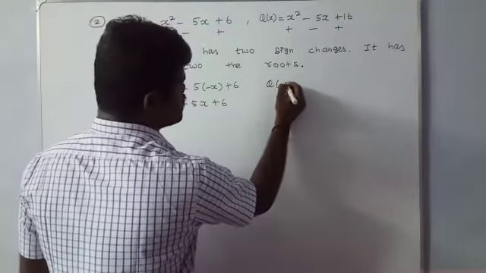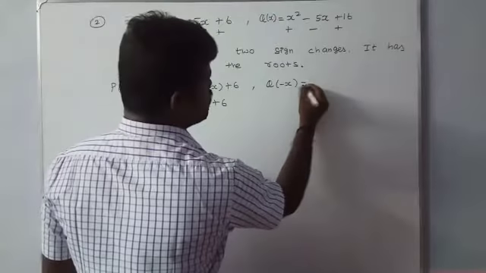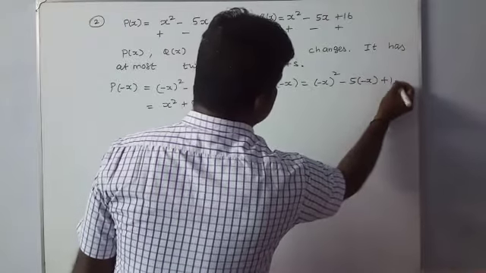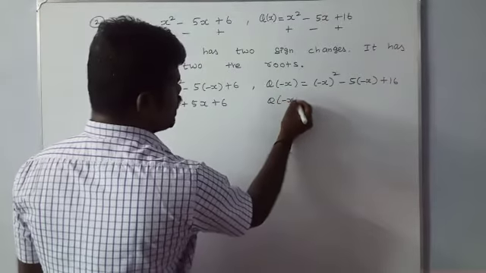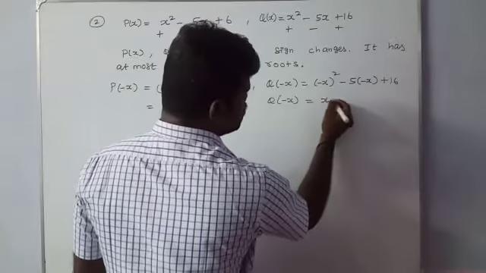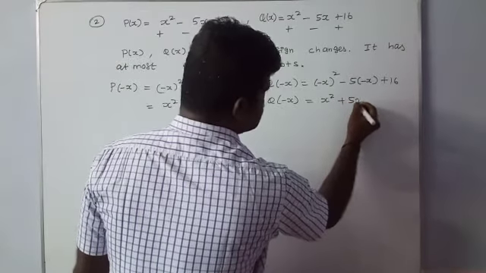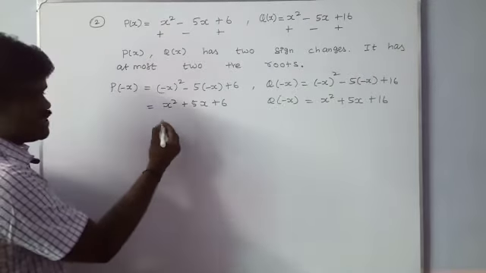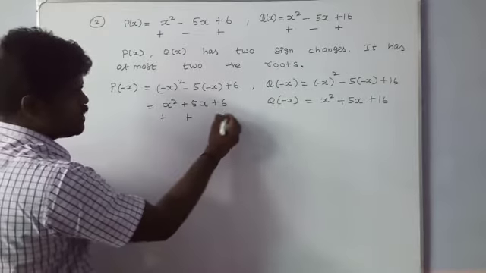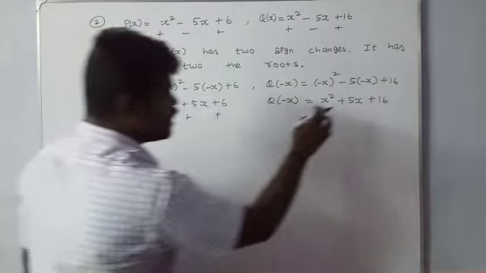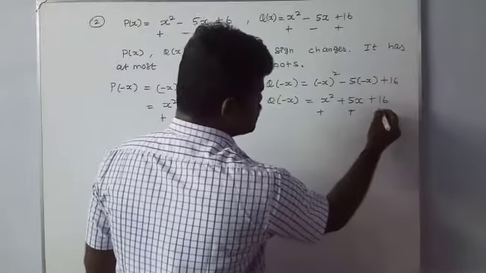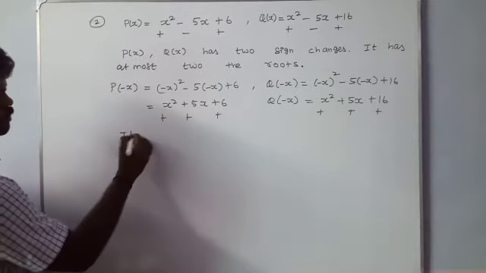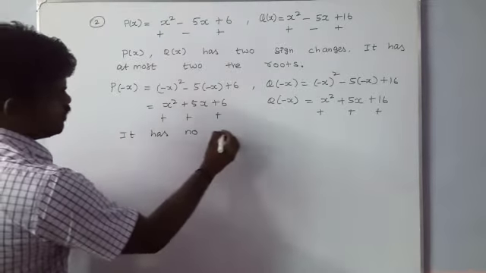Q of minus x is minus x the whole square minus 5 into minus x plus 16, so q of minus x is equal to x squared plus 5x plus 16. And we want to know the sign changes. First plus and plus, there is no sign change. And also here plus, plus, plus, also no sign change.